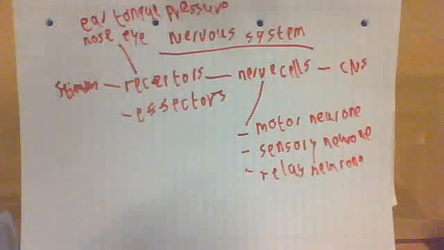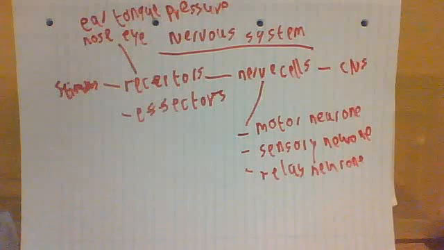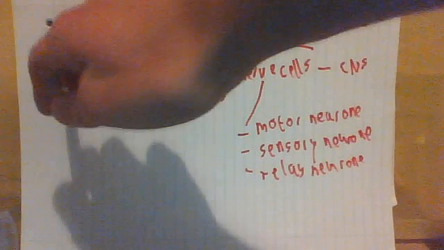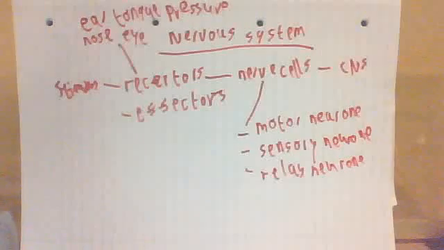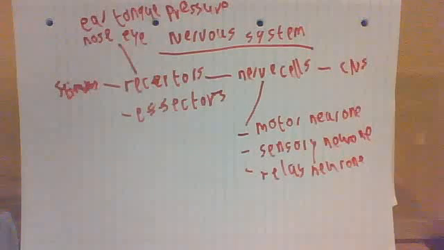Okay, so we need to know a little bit more about what these individual neurons actually do. Once our stimulus has been detected by a receptor in one of these places, these nerve cells carry this signal to something called your CNS.